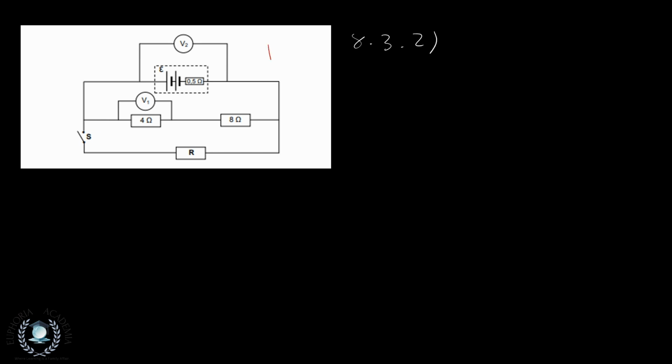Let me draw the battery here. Let's just say that's our battery, and we have a situation where it's like this. So essentially, the positive terminal of the battery is connected to the negative terminal of the battery, and current will now flow in this direction.